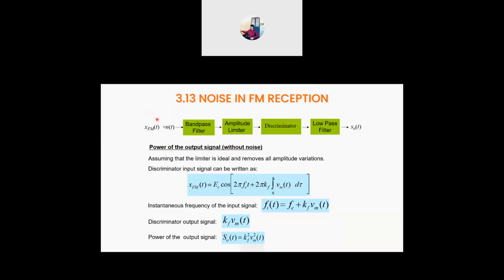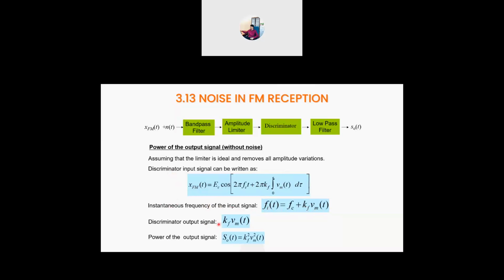You only have purely your XFM, your signal here without the noise, so we don't add noise. So the instantaneous frequency of the input signal, fi(t), equals fc plus kf vm(t).